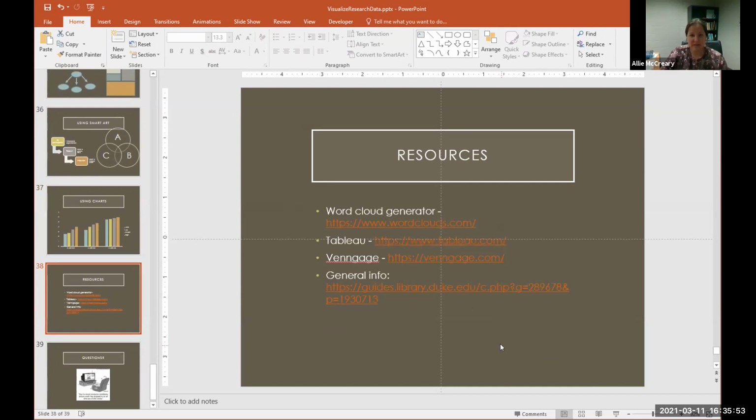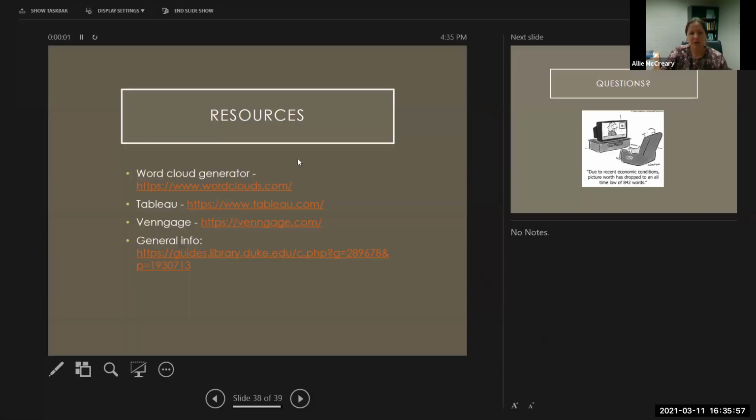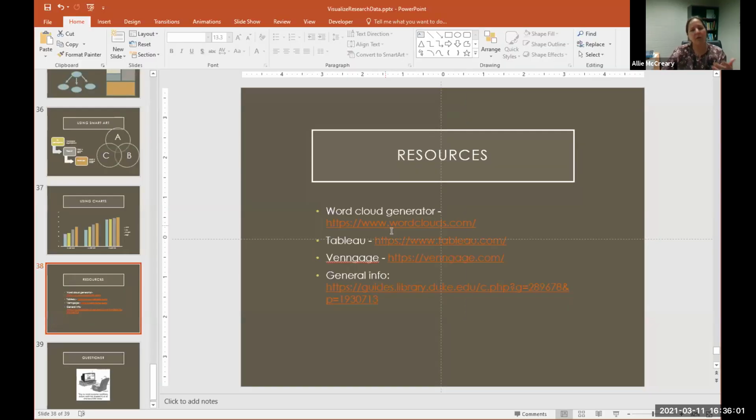All right. The last few examples here, actually, I won't go to all these websites, but hopefully you'll be able, if you can't click them in the recording, I guess you won't be able to. They're all pretty simple web addresses. The word cloud generator I mentioned will create a word cloud for you. Tableau is a great website if you're looking to make more advanced types of visualizations.